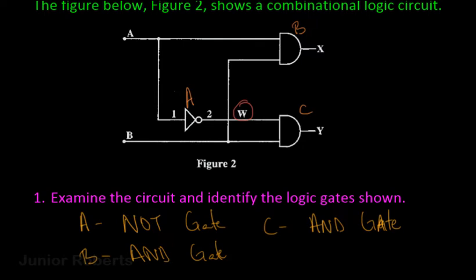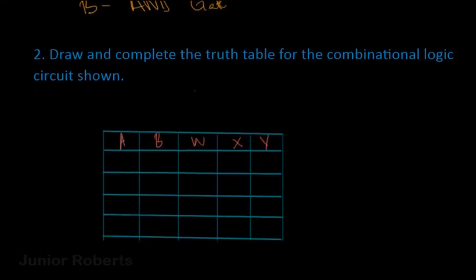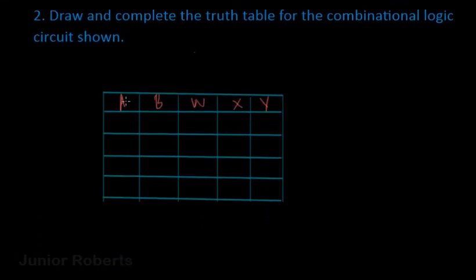Before I fill out the truth table, I need to fill out the possible combinations for my input. Starting with column B, we're going to have 0, 1, 0, and 1. Then for column A, we're going to have 0, 0, 1, 1. So those are my possible combinations for my input.